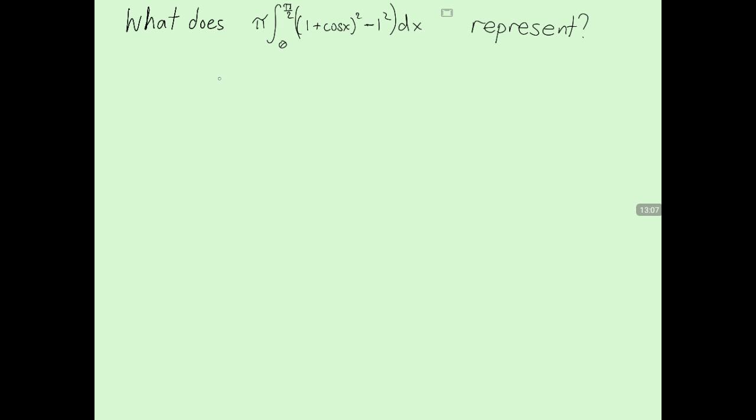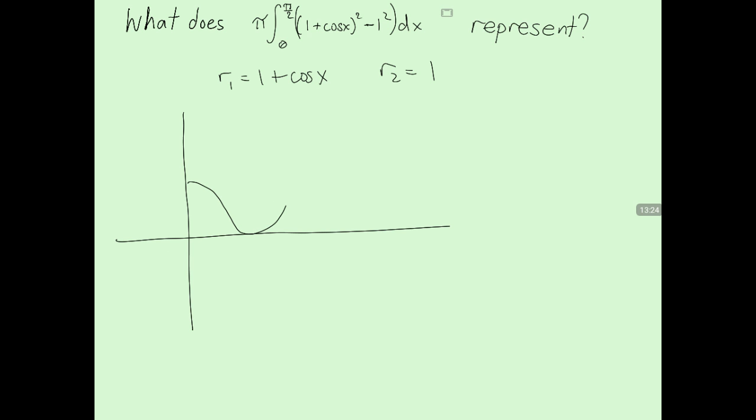Well, consider our R1 to be 1 plus cos x. Let our R2 be 1. And right now, if we draw the graph, we'll have 1 plus cos x be something like that. These will be our axes. X is the horizontal and y is the vertical.